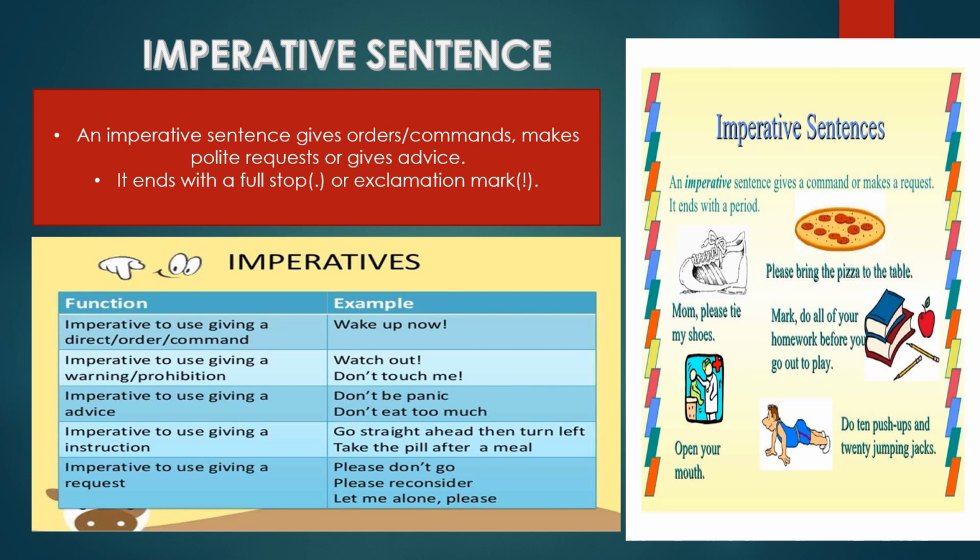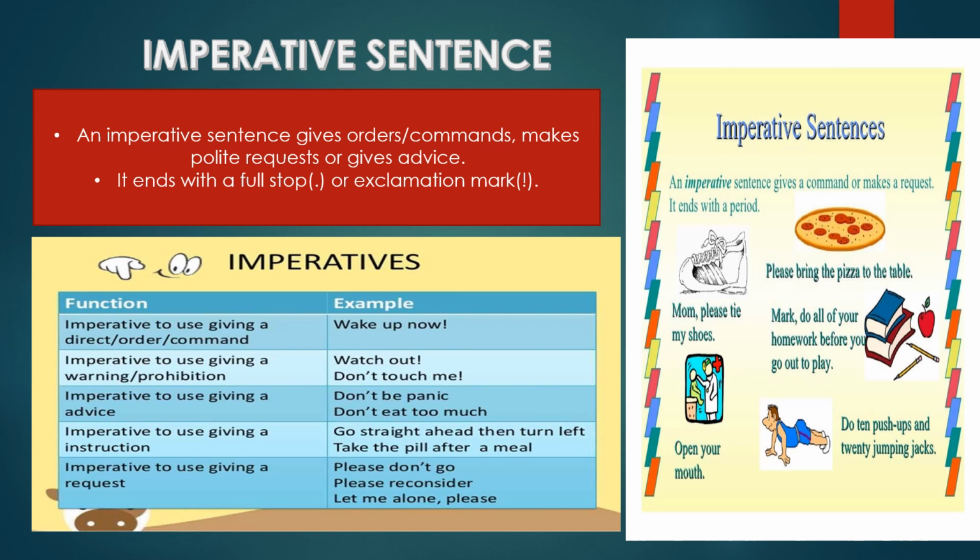An imperative sentence gives orders or commands, or you can make a polite request, or give advice. All sentences which consist of an order, a command, a polite request or advice come under the imperative sentence. An imperative sentence sometimes ends with a full stop or with an exclamation mark.